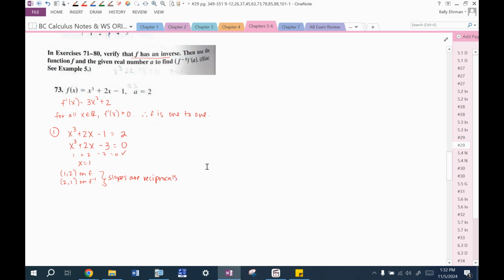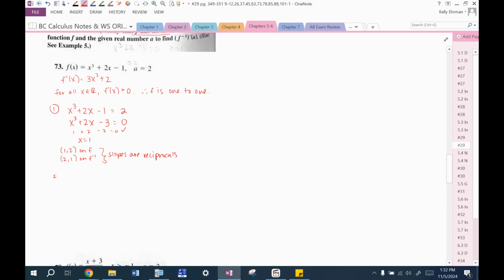And so in our notes, we said by definition, that means this. Because I can't just easily find an f inverse equation, if I want to find f inverse prime of 2 here, that's going to be equal to 1 over f prime of this point, so f prime of 1. Because I can't find the f inverse equation. If I could, I would just do that.